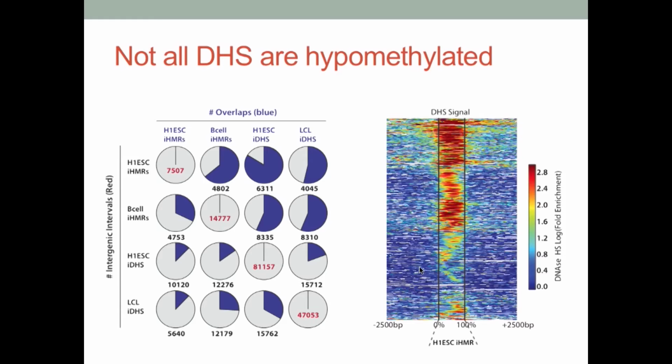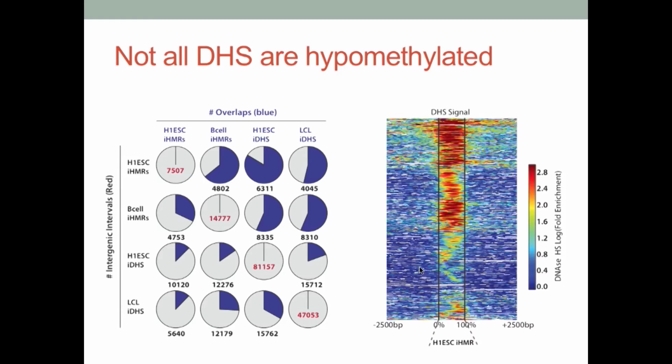And so we wanted to know how well our HMRs overlap DHS sites. And what we find is that for the most part, HMRs overlap very well with identified DHS sites.